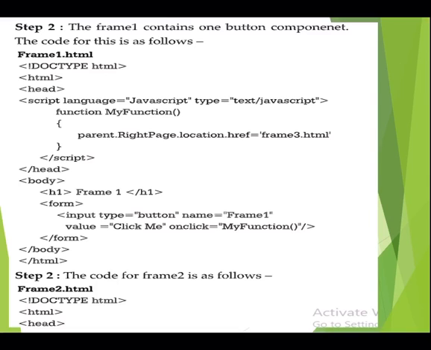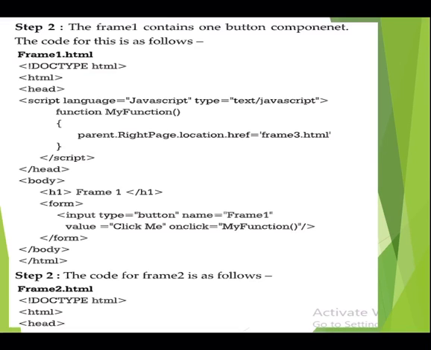Inside the parent, rightpage is your frame 2. So the location of frame 2 is changed to frame3.html. When you call this function, rightpage, that is frame 2, will be replaced by frame 3. Close the function, close the script tag, close head, open body tag.